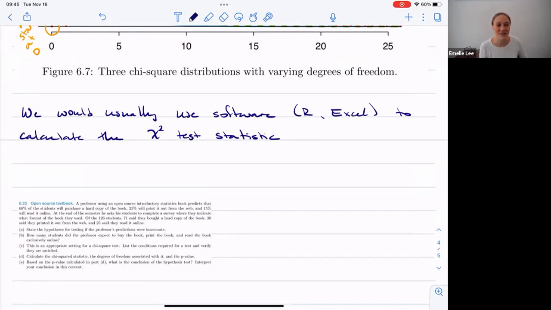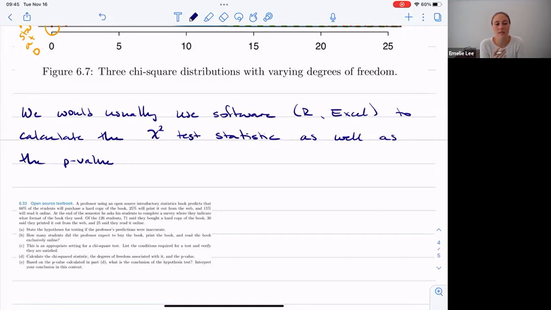We would usually use software to calculate the chi-squared test statistic as well as the p-value. But to calculate the p-value by hand, we need a chi-squared table. Of course, you can look up an online calculator or something like that. But I will say that for the assignment questions, it is assuming that you're using the tables.